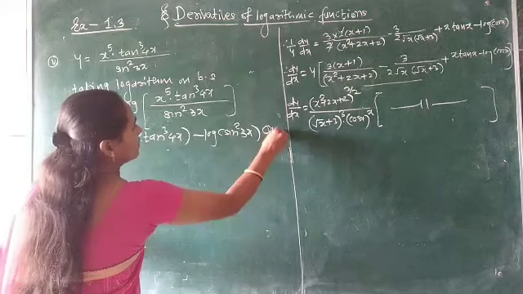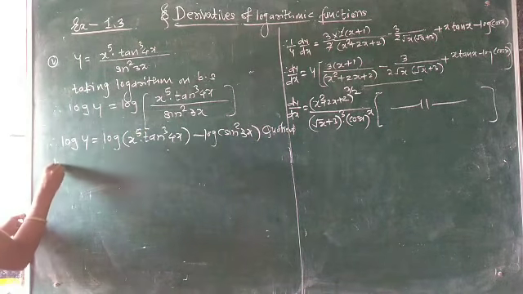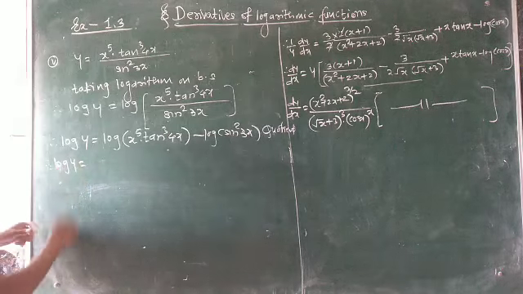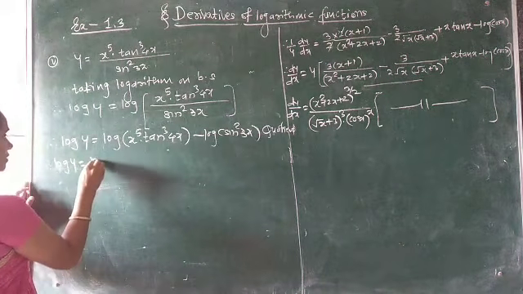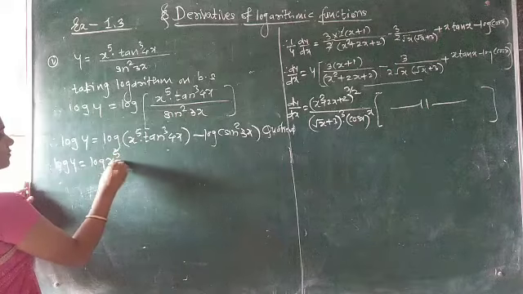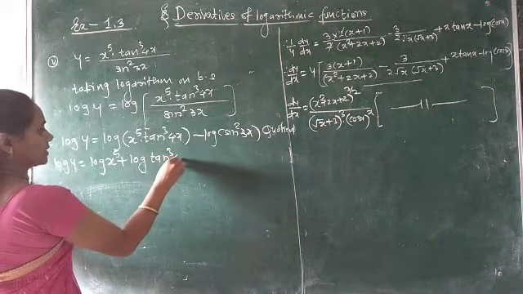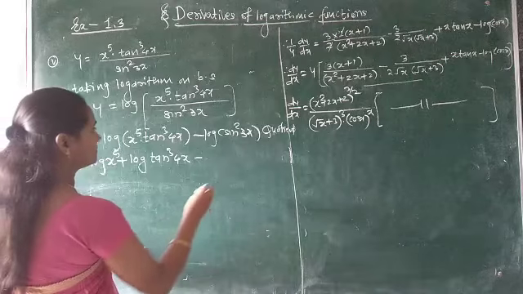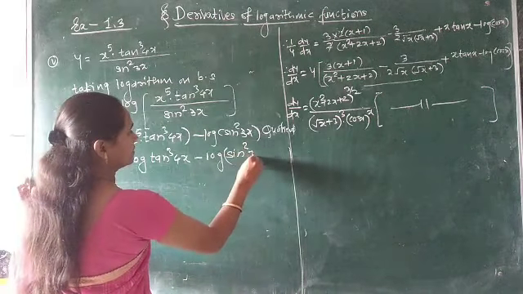Which law? Quotient law. Therefore, log y is equal to, again here a product of two terms, so we take addition of these two: log of x raised to 5 plus log of tan cube 4x minus log of sine square 3x.